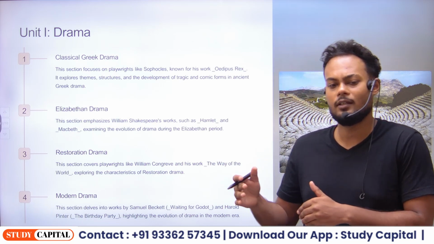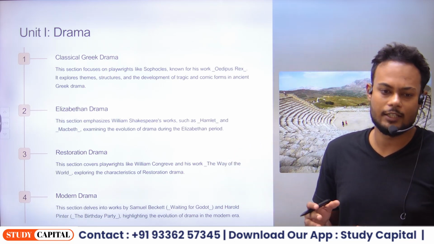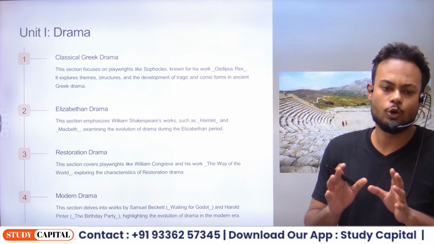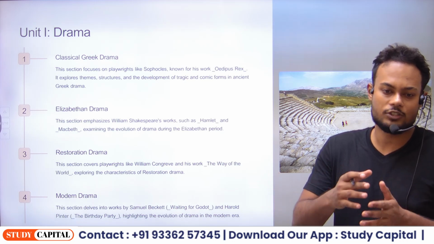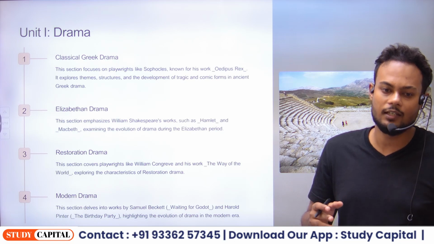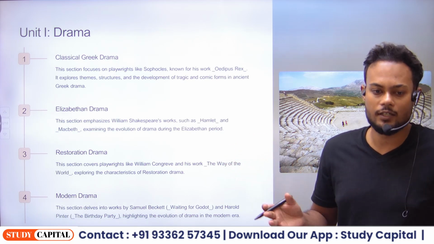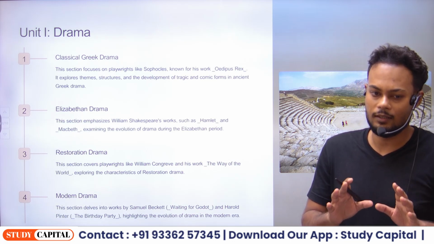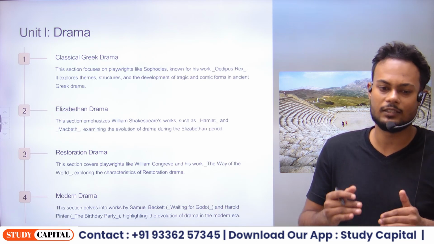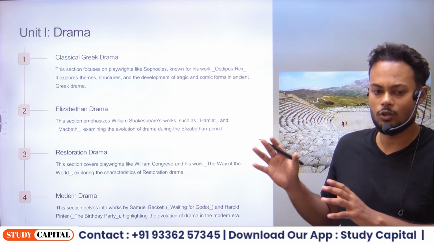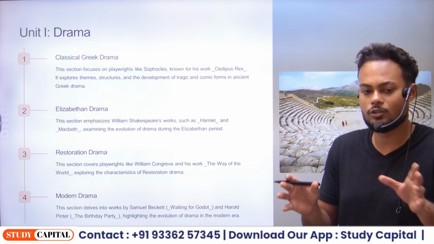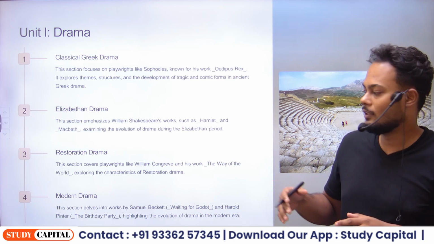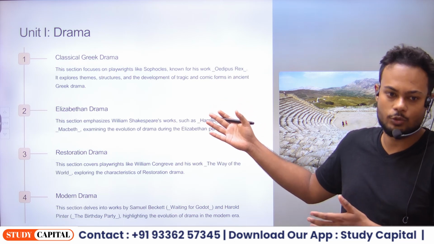Usually even in subsequent revisions in the coming years, there won't be much change, because you have to study everything from the classical age to the most recent years, the books released in the last years. So nothing much changes, but the categorizations change. Now the divisions are based on the various genres of literature. So right off the bat you can see this is the first unit, which is drama.